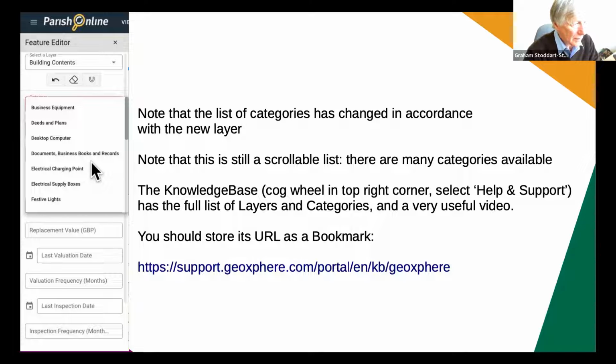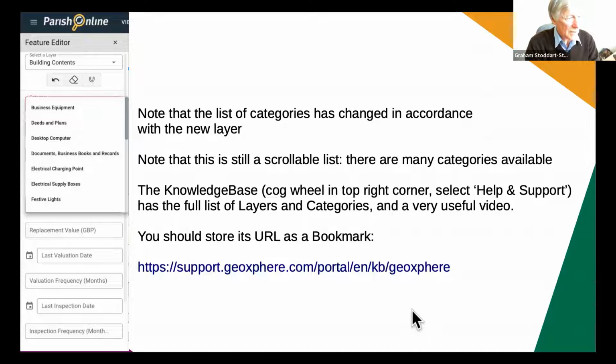There's a neat little video, but there's also a really helpful list of all the layers and all the categories. And one of the reasons I suggest that you store this as a bookmark is that you will be referring to this quite frequently. And as we get into making plans ahead of entering your register, you'll see why. So that's just to mention there that the knowledge base is a useful reference for you.